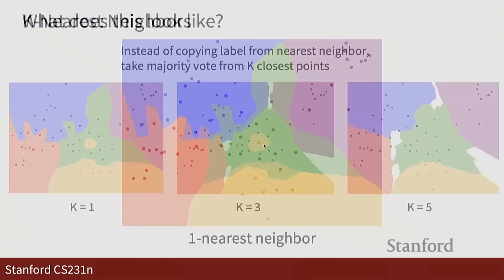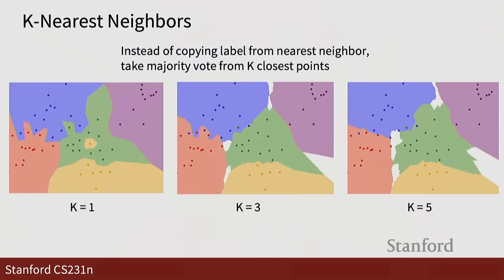So to make it a little bit more robust, we can increase the number of nearest neighbors that we take, which turns the nearest neighbor algorithm into k-nearest neighbor. And we often select more than one sample, and we often take the majority vote for identifying the label for any given testing sample, testing image.